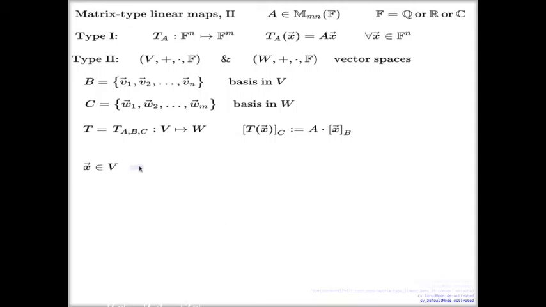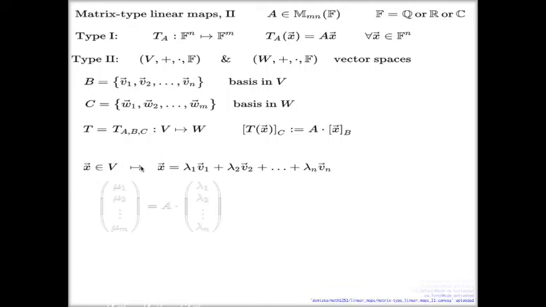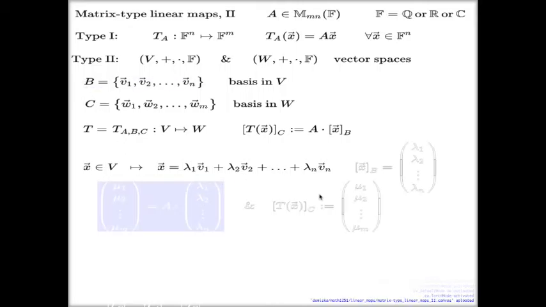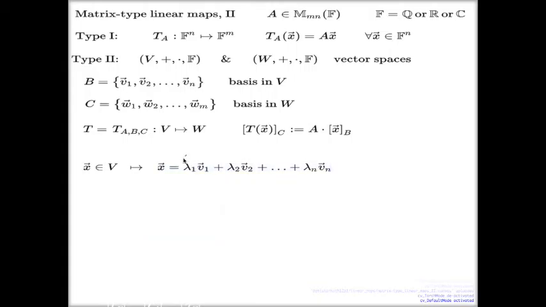Look what you do. At the first stage, you split your vector into its representation in terms of the basis B. You can always do that. Then you collect all of these coefficients into an n-tuple, and then you build a new set of coefficients, an m-tuple, which I call mu1, mu2, and mu sub m.